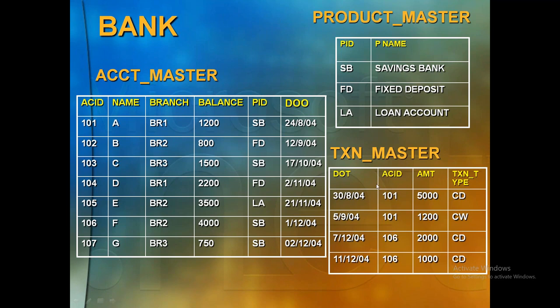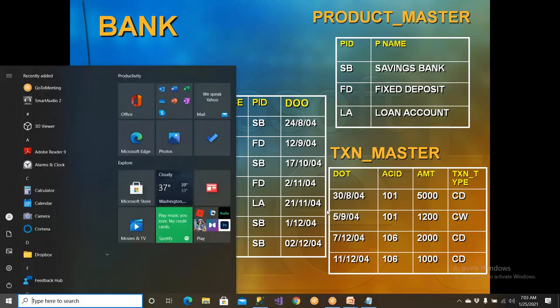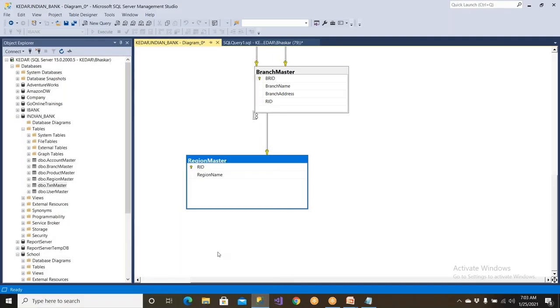We cannot link. So if you want to use joins in your queries, first of all, you should know which table and which table can be joined. That information you should have in your mind. To get that information, database diagrams will always give you beautiful information.